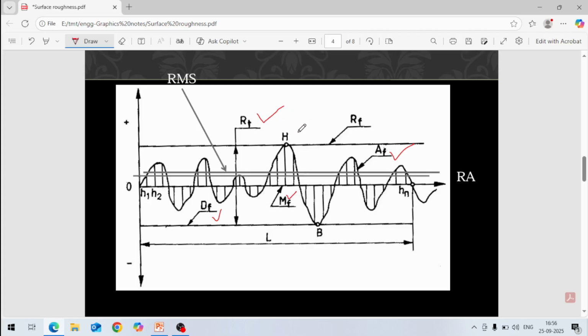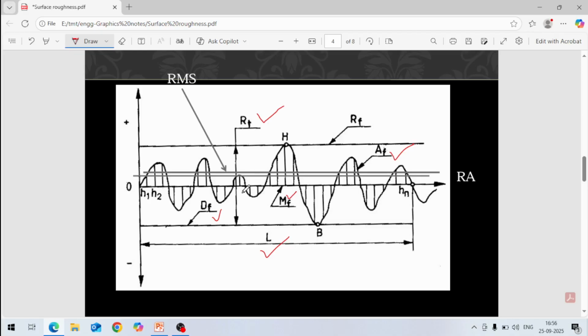In the same way, L is the total sampling length. Sampling length may be 2-3 mm or whatever as per the requirement. In this length, RT is total roughness.